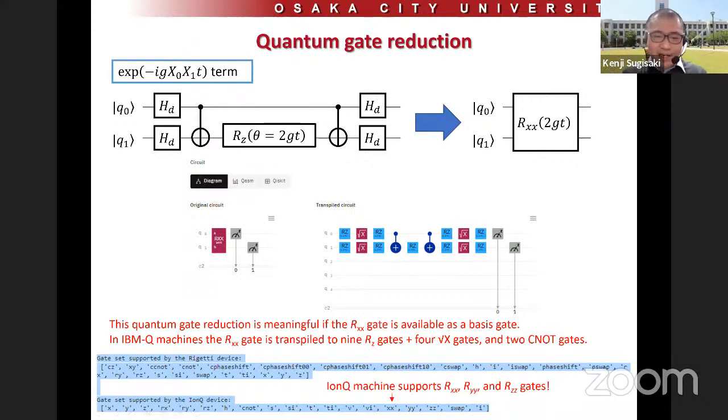As you can see, IonQ devices support XX, YY, and ZZ gates, these XX, YY, and ZZ correspond to RXX, RYY, and RZZ.